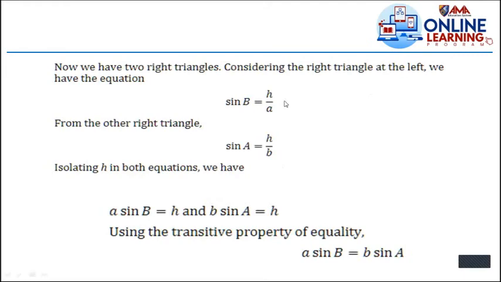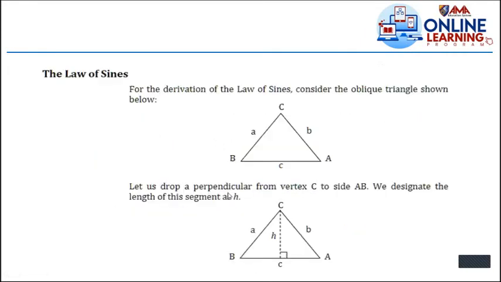Now we have two right triangles. Considering the right triangle at the left, we have the equation: we make use of the sine of your angle B, where the opposite side is h and the hypotenuse is a. And with the right triangle, the sine of your angle A, the opposite side is h and the hypotenuse is side b.